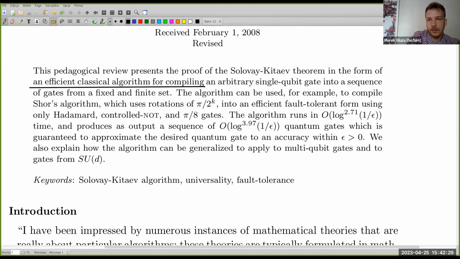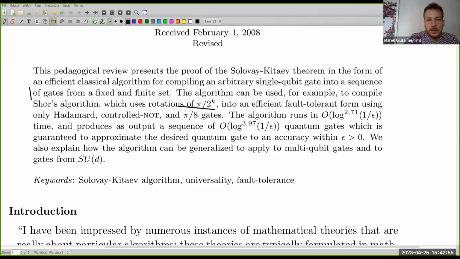It's for compiling an arbitrary single qubit gate into a sequence of gates from a fixed and finite gate set. So what does it mean? In the next sentence, they say the algorithm can be used, for example, to compile Shor's algorithm.